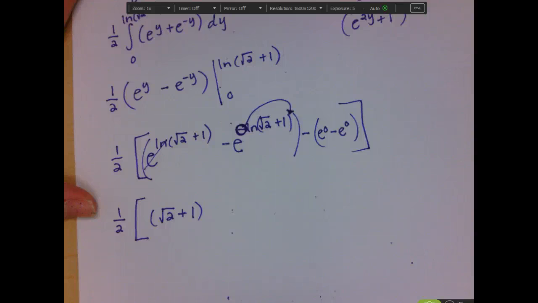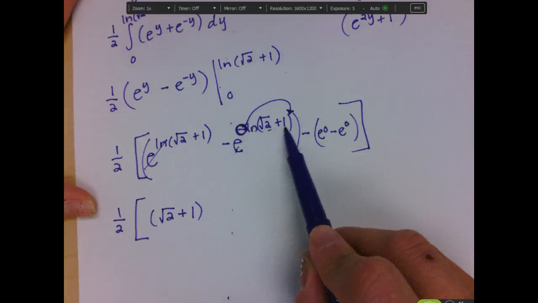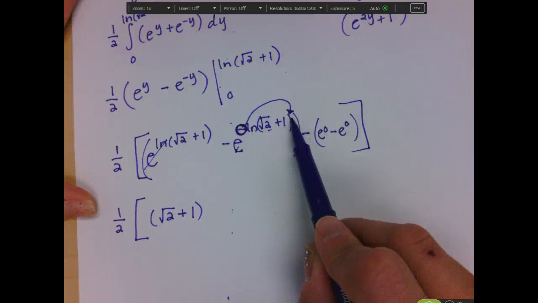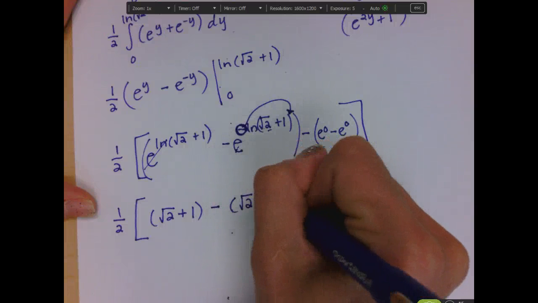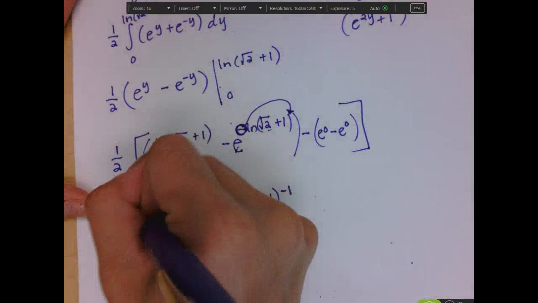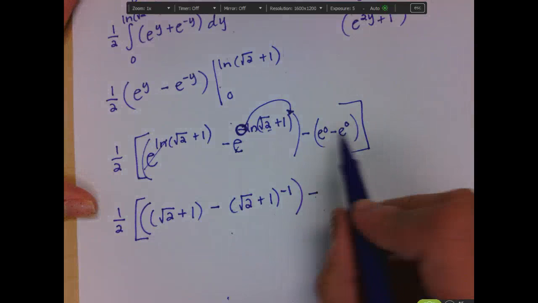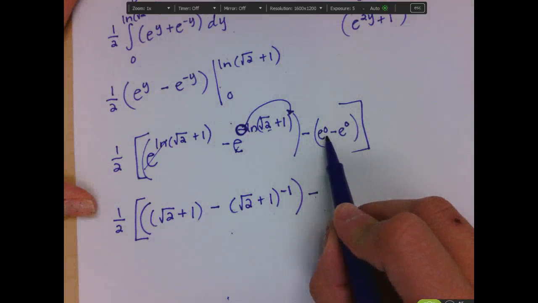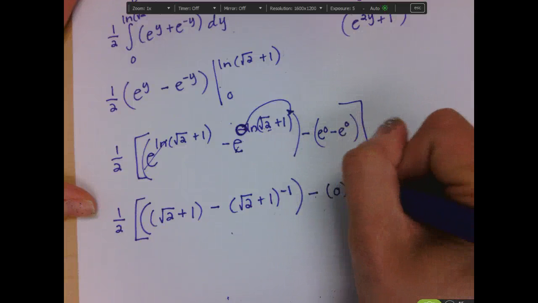So this is really e and natural log being canceled out, but then it's the square root of 2 plus 1 to the negative 1 power. So minus the square root of 2 plus 1 to the negative 1 power. Again, I'll put extra parentheses around all of that. This is going to be nice here. E to the 0 is 1. Subtract another e to the 0, 1, and so you get 0.